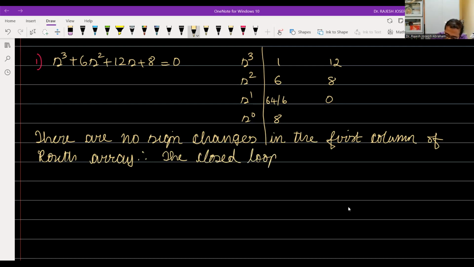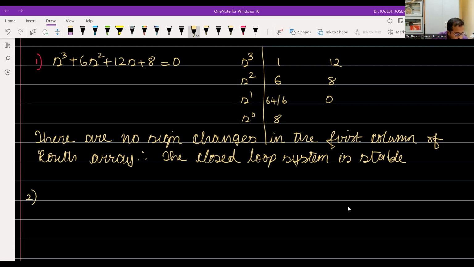The number of sign changes in the first column will tell you how many roots lie in the right half of the S-plane, making the closed loop system unstable. So here, all the elements in the first column are positive. That means there are no sign changes. Hence, all the closed loop poles lie in the left half, and hence the closed loop system is stable.